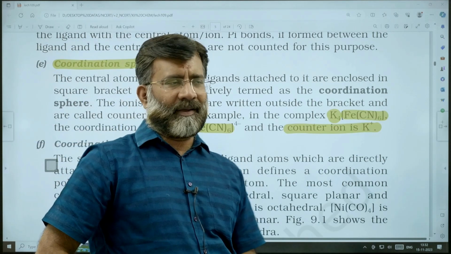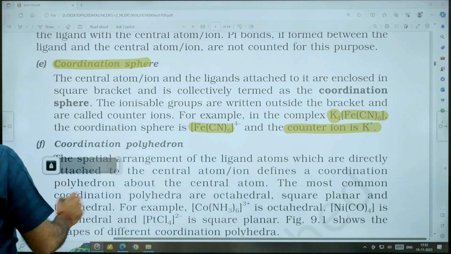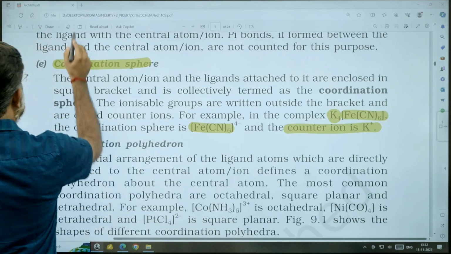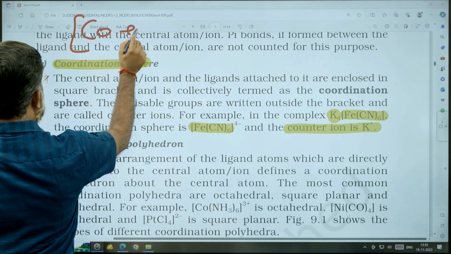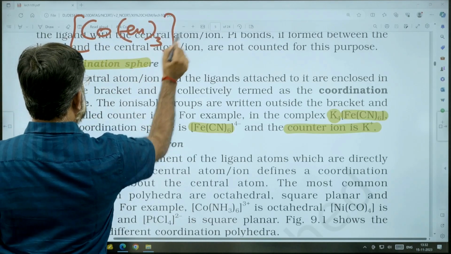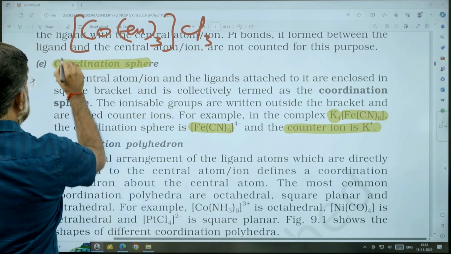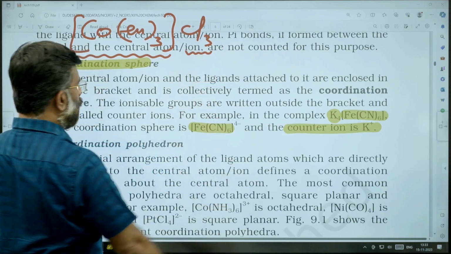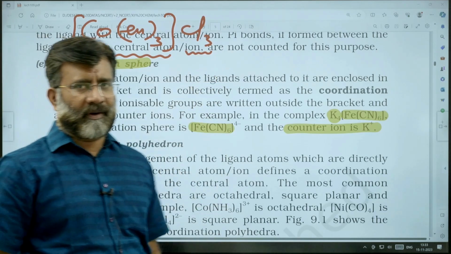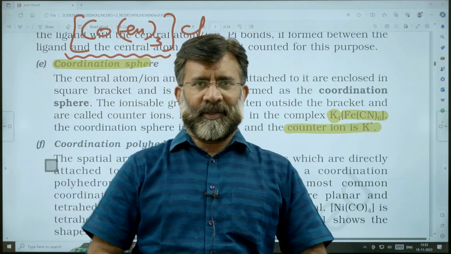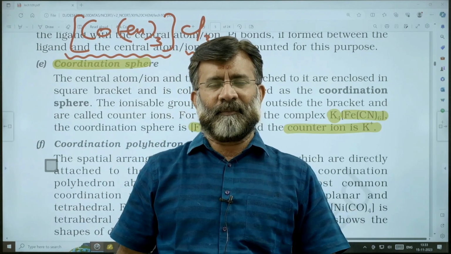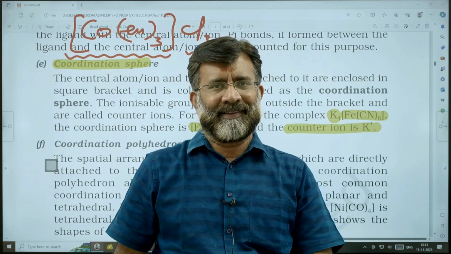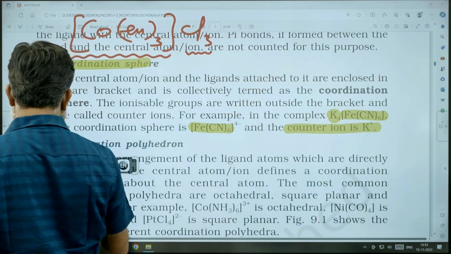For example, if you take a molecule like Co(en)3 Cl3, this is called a coordination sphere, and this is called a counter ion. Counter ion can be anion, counter ion can be cation, and you know there are 4 types of complex molecules.